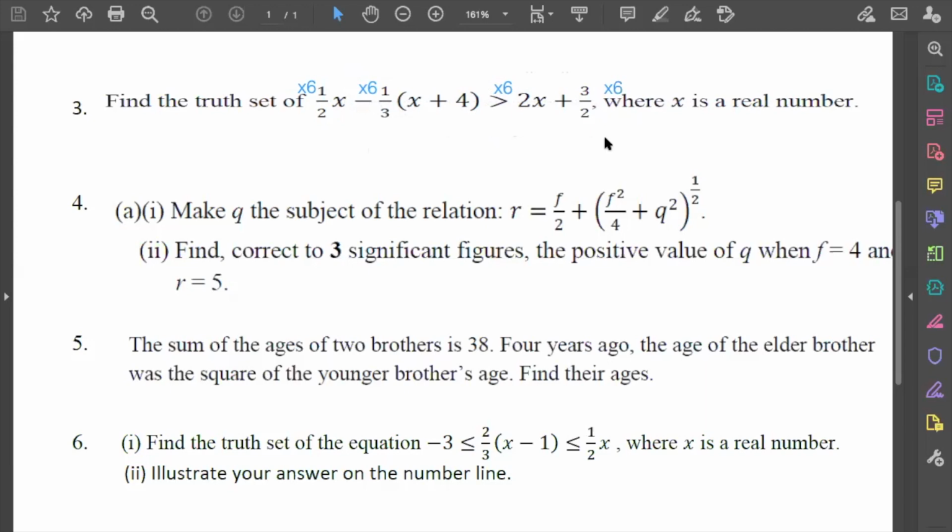Now, we simplify. So here, how many times do you think 2 will go into 6? 3 times. So 2 will cancel itself and go into 6 3 times.